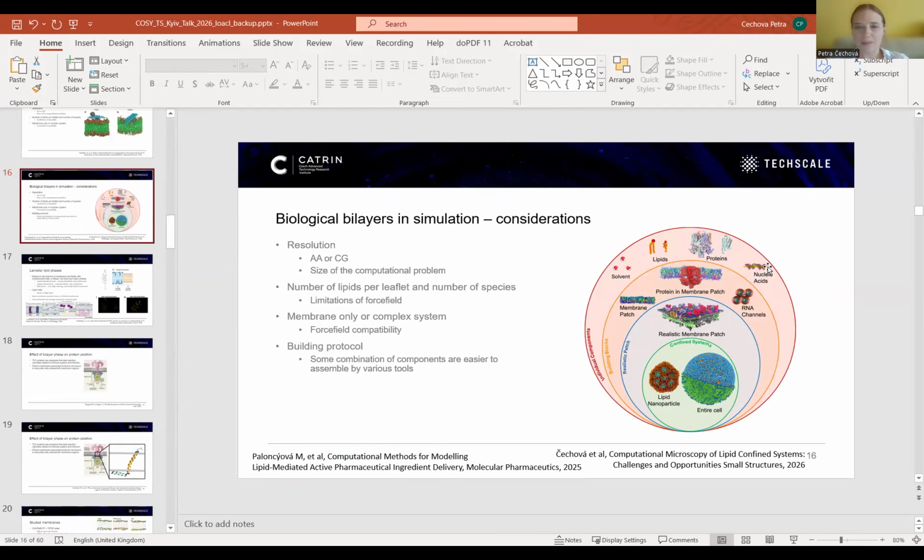We have lipids, we have solvent, we have everything else we want to put there. And there are different tools for different steps. You have one step that is the parameterization of the components of the system. Then you have a different software that puts it together. And then you have another software that runs the simulation, and then you need to evaluate it by yourself.